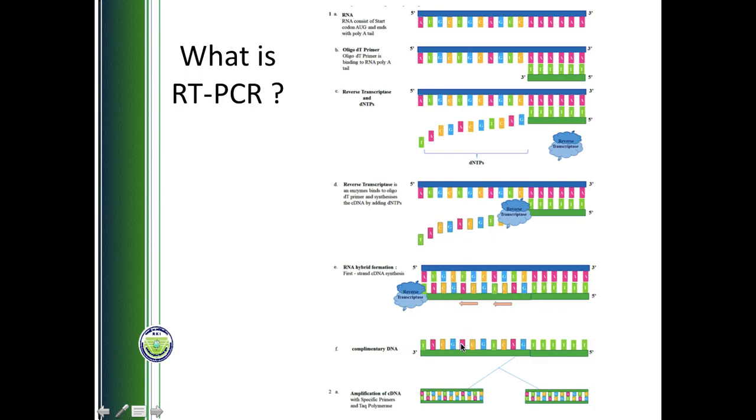And then a second strand of DNA will be synthesized, and now we will have DNA out of the RNA. Then this DNA will be subjected to regular PCR by the process explained in the earlier slide, and out of one small piece of RNA we can have as many as 10 raised to 9 pieces of DNA. This large amount of DNA is then detected.